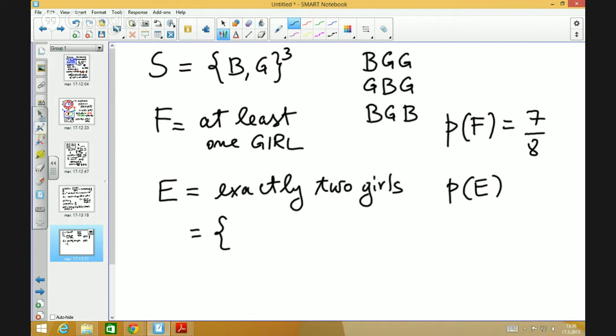You can get 2 girls to begin with, or you can get a girl, then a boy, and a girl, or you can start with a boy, and then you get 2 girls. I don't think there are any other possibilities. So the probability of getting exactly 2 girls is 3 out of 8.